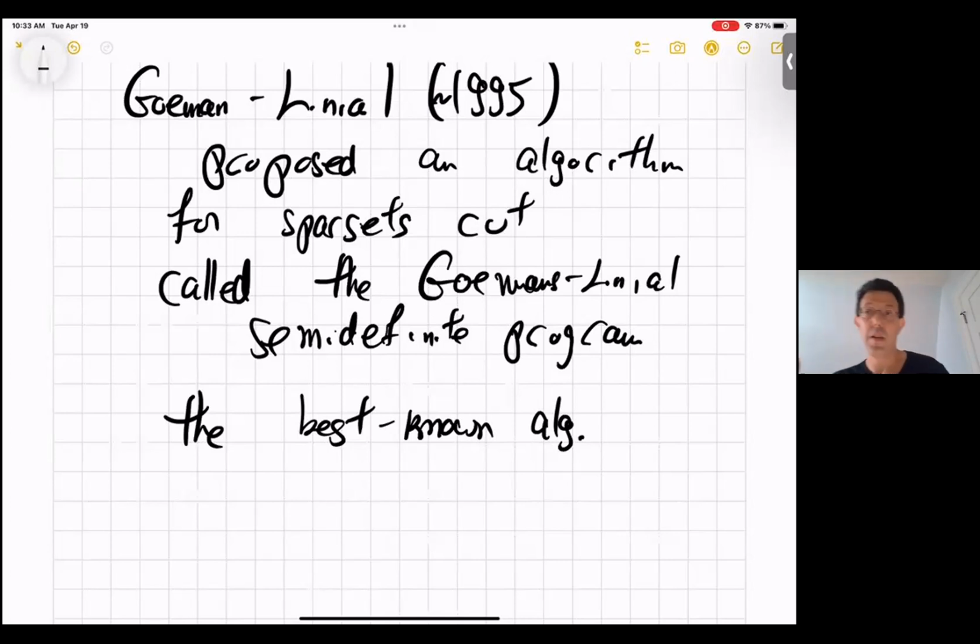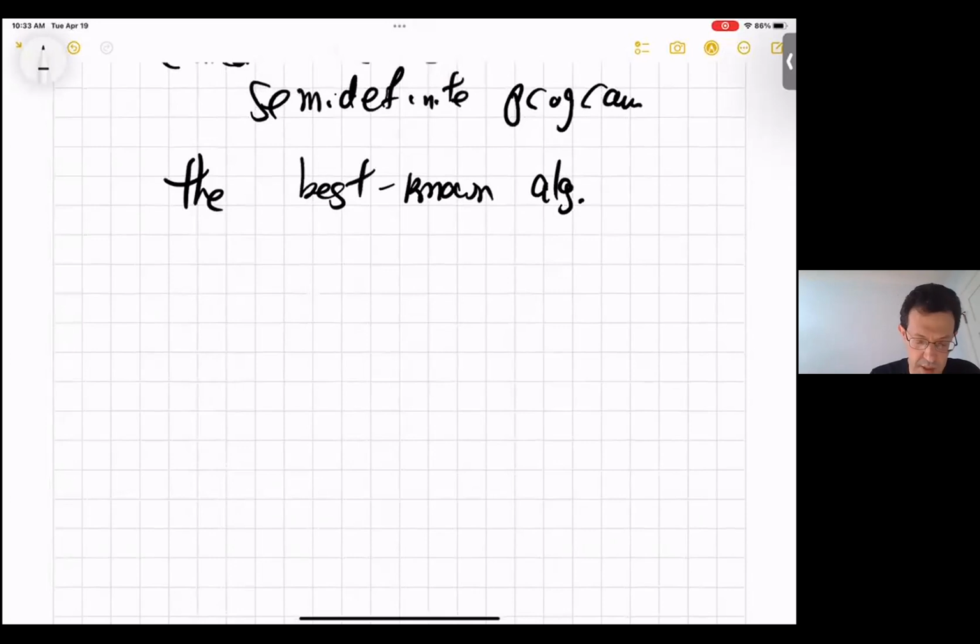But it's really the best known algorithm, and it took more than 20 years to figure out what this algorithm does, using the Heisenberg result that I told you.